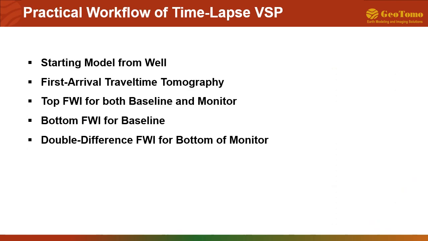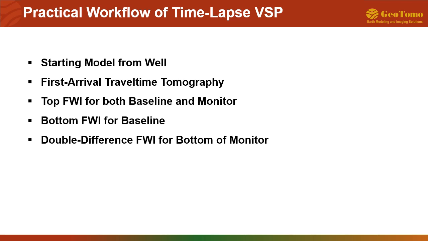The model above the CO2 plume normally has no changes between surveys, so we will combine the baseline data and the monitor data together to derive a single model for the top part. The double difference FWI is only going to compute the model difference for the bottom part.